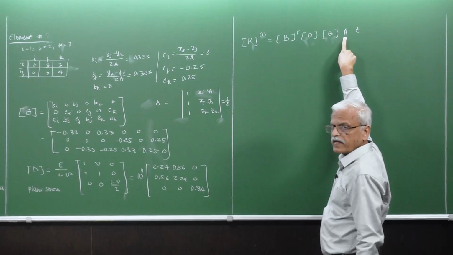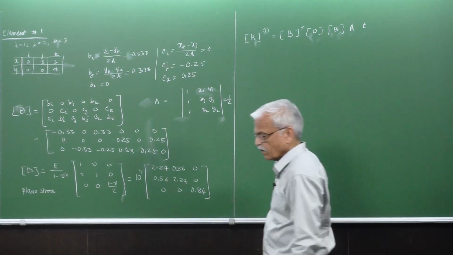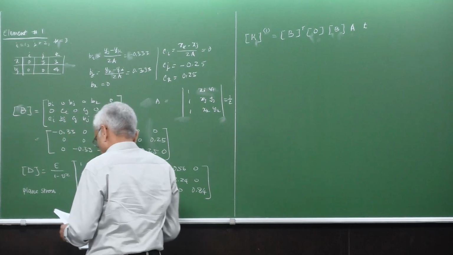Then A is the area of the element and T is the thickness. If you want, you can put it; otherwise, it can even be 1.